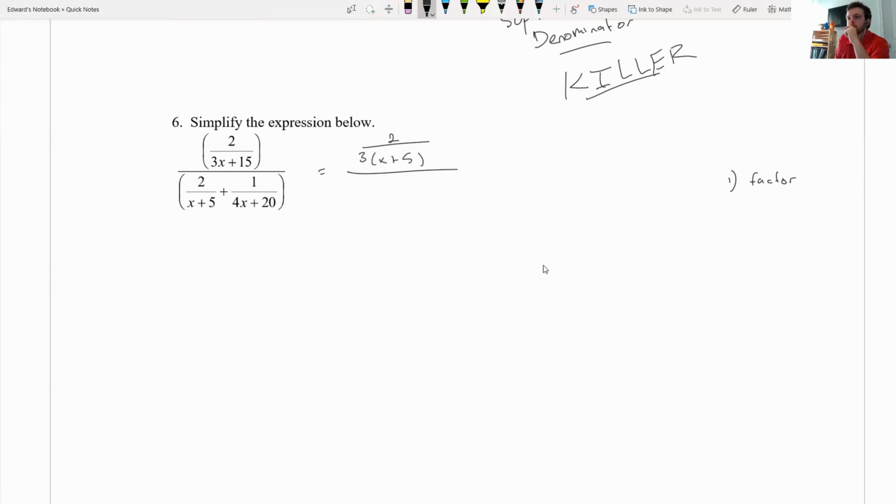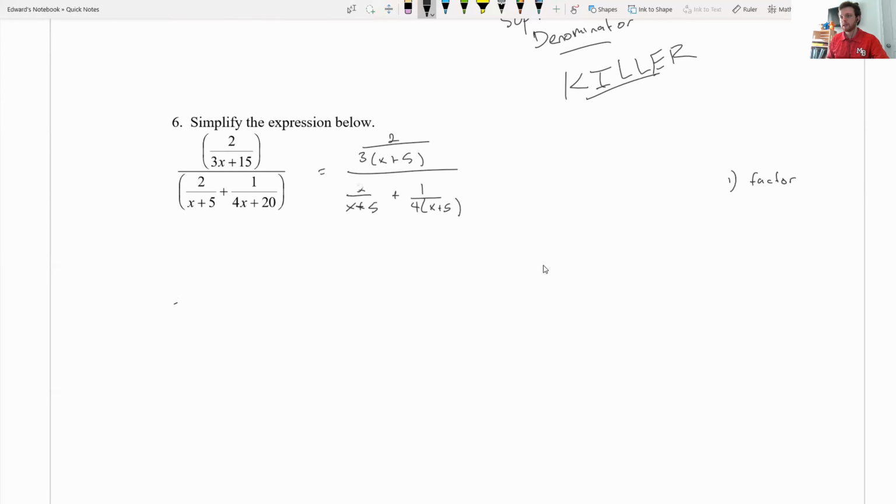All over. 2 over x plus 5. Yeah, that's good. Plus 1 over 4 times x plus 5. Wow, it's like that x plus 5 is just cropping up everywhere. Interesting. It's almost like as teachers, we intentionally chose numbers that make things make more sense. All right, so let's continue.